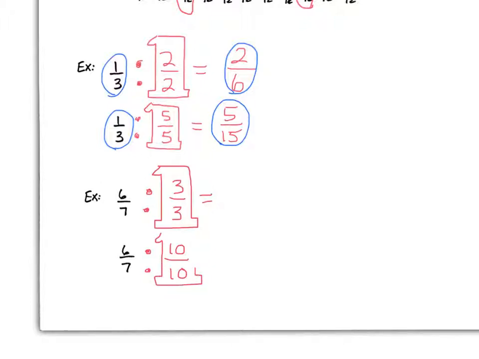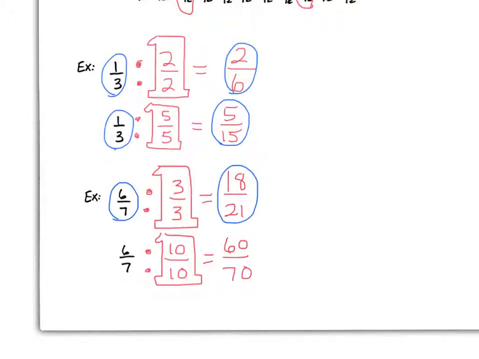It's just a big fat 1. I multiply straight across, numerator times numerator, denominator times denominator. On the first one I'll get 18 over 21. On the second one I get 60 over 70. And I've come up with equivalent fractions. 6/7 is equivalent to 18/21 and 60/70.